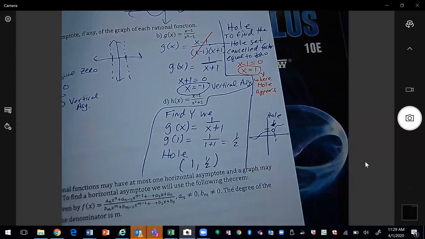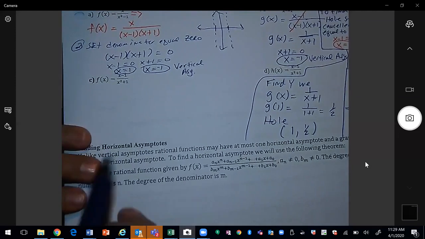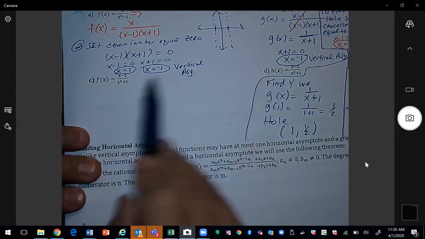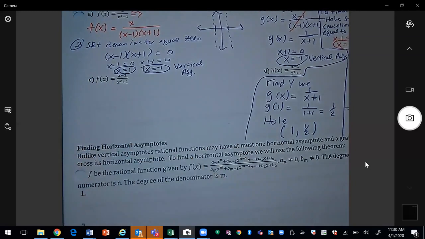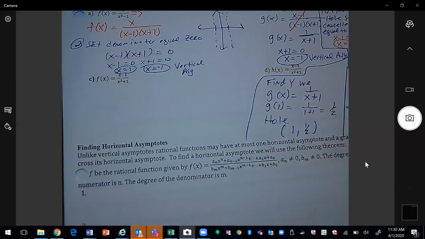Okay, so let's look at letter C. And if you notice, letter C and D is the same example. So I'm just going to work out the C one over here. And so again, the first thing is we're looking for a vertical asymptote. And so I need to factor this. Does it factor?